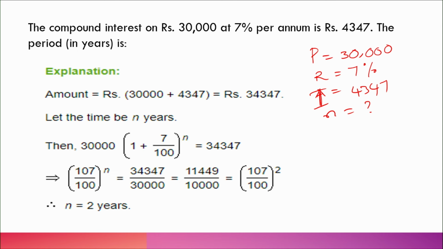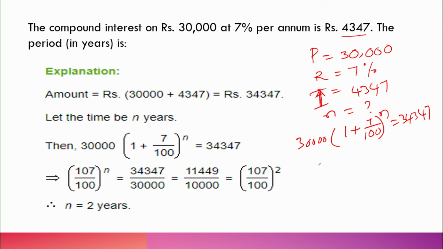Already you know that 30,000 of 1 plus 7 by 100 whole power n is equal to 30,000 plus 4,347, that is 34,347, correct.